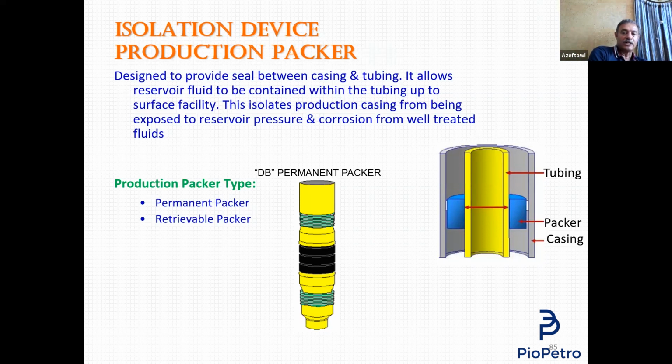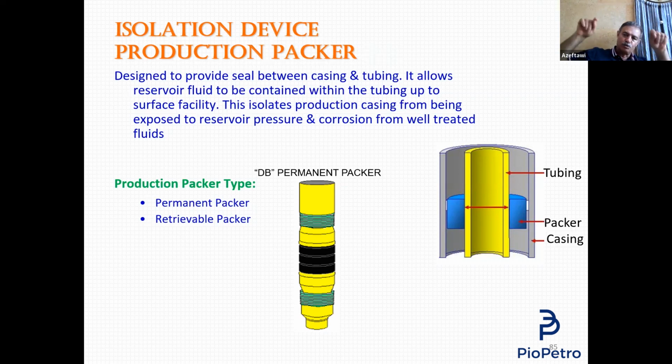Now you set it hydraulically, or you can set it electrically, not with the drill pipe, but with the E-line, electric line. So you have the packer with its tail pipe, running tool with E-line. You keep running in the hole till you reach the desired depth.